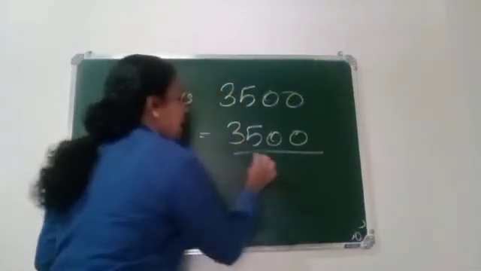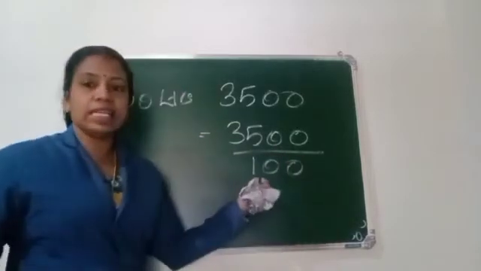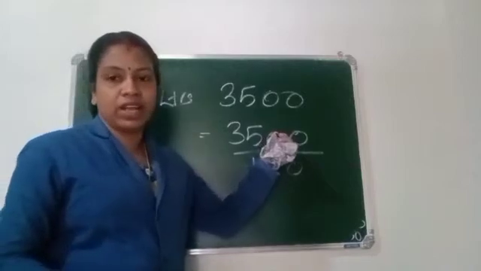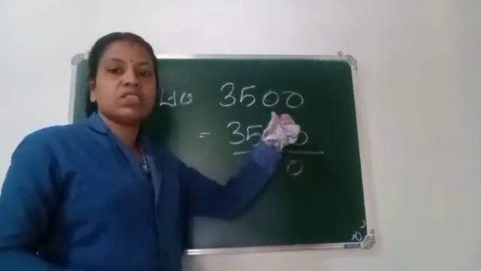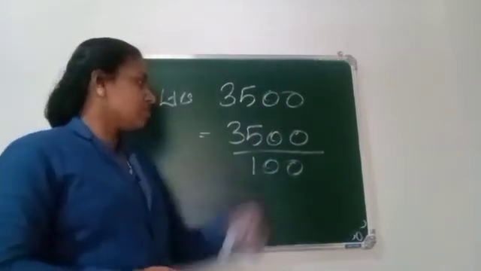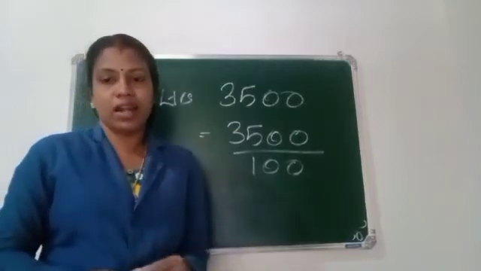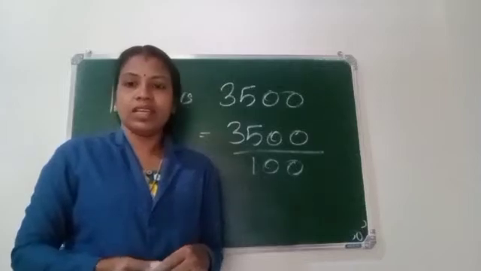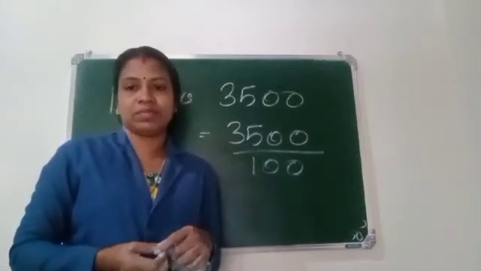3,500 divided by 100. 100 liters of diesel is given, and the diesel cost is 3,500. So divide the total cost by the given number. What is 3,500 divided by 100? Yes, we know the easy division.